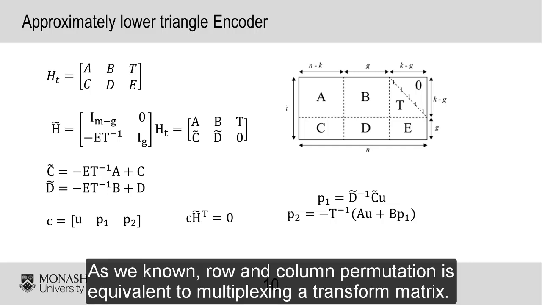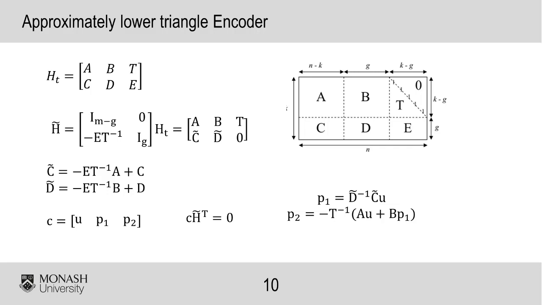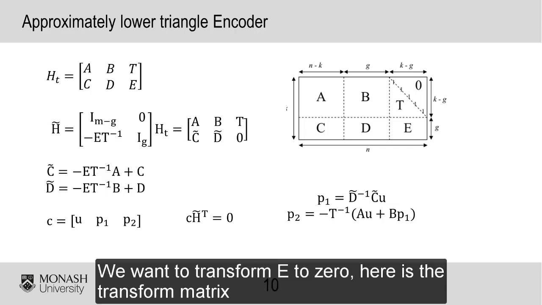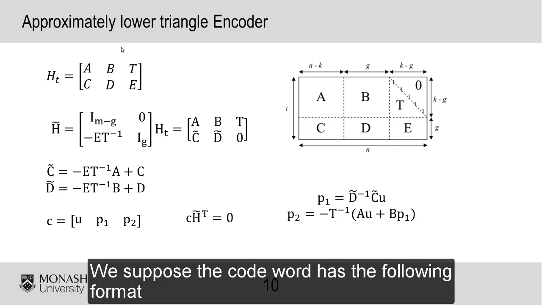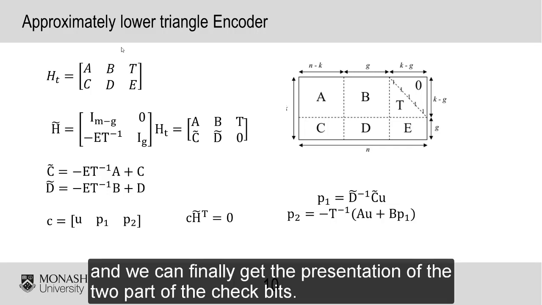As we know, row and column permutation is equivalent to multiplying a transform matrix. We want to transform E to 0 and here is the transform matrix. We suppose the code word has the following format, and we can finally get the presentation of the two parts of the check bits.